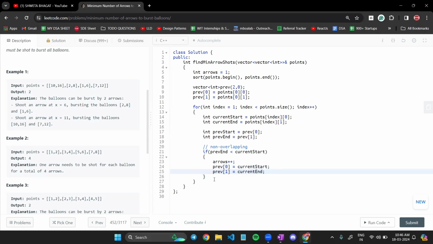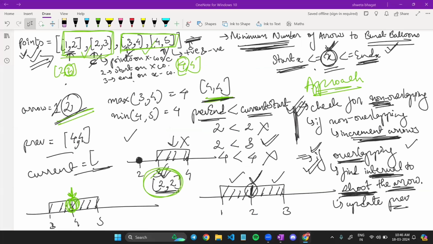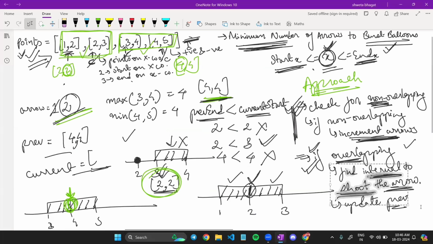Now after updating the previous, we are done with checking the non-overlapping case. Now, if the current start is less than or equal to the previous end, then what does it mean? It means that these two intervals are overlapping. So if these two intervals are overlapping, we have to find an interval where we should shoot the arrow, correct? And after finding that interval, we have to update the previous.